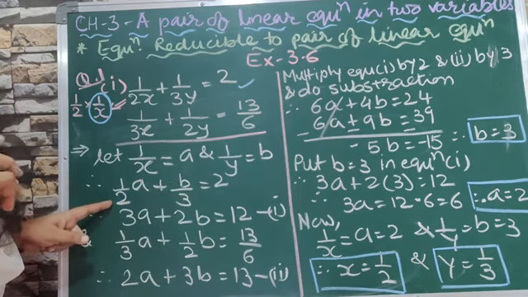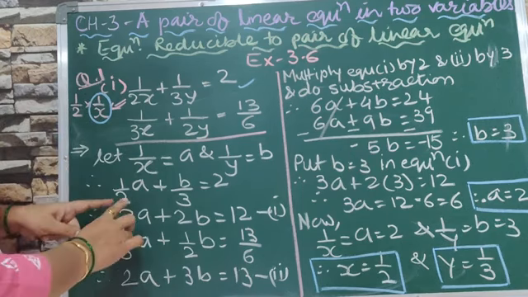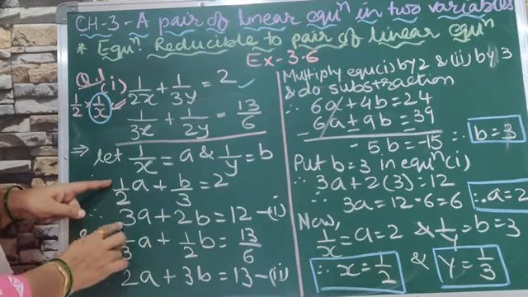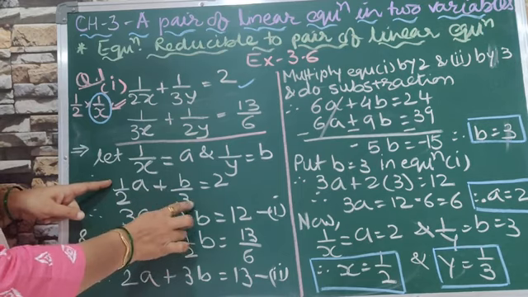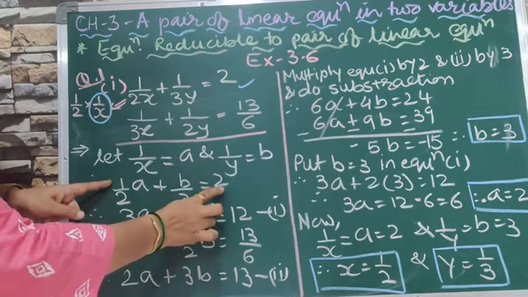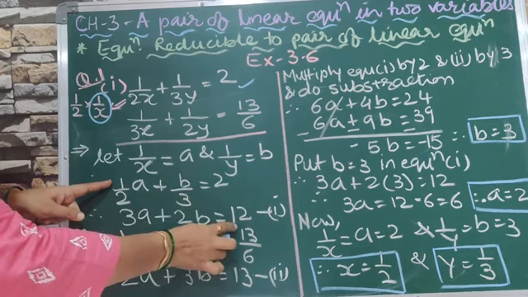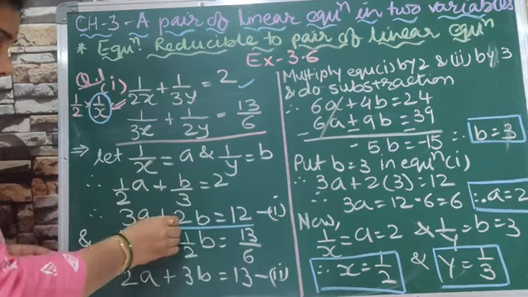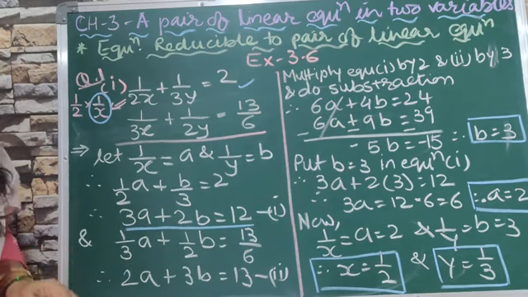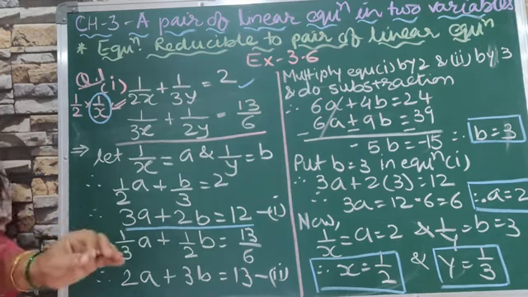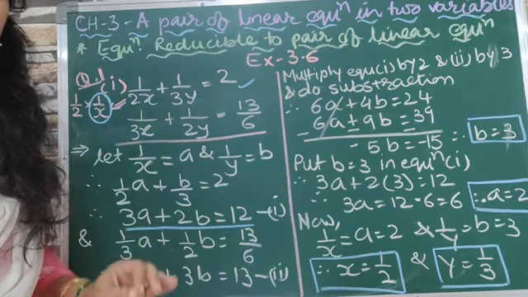So 6 is the LCM, we have to take the LCM, and therefore 3a plus 2b, and as 6 is the LCM, 6 twos are 12. So in short, this is our first linear equation which is in a standard form.